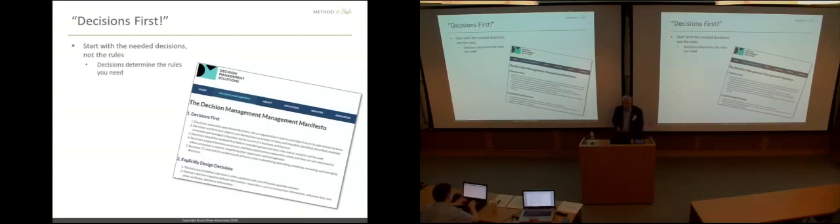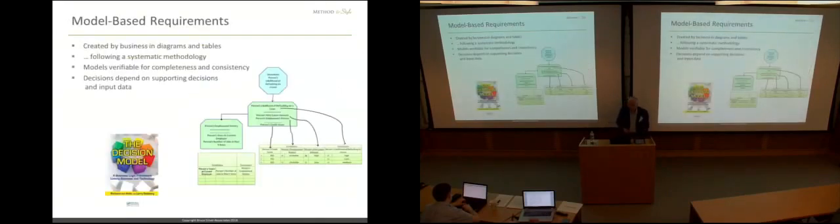The idea being that instead of going off and harvesting all the rules, the business should understand what decisions it wants to make, what information those decisions require, and the rules would follow from that. And that would seem like a good idea.